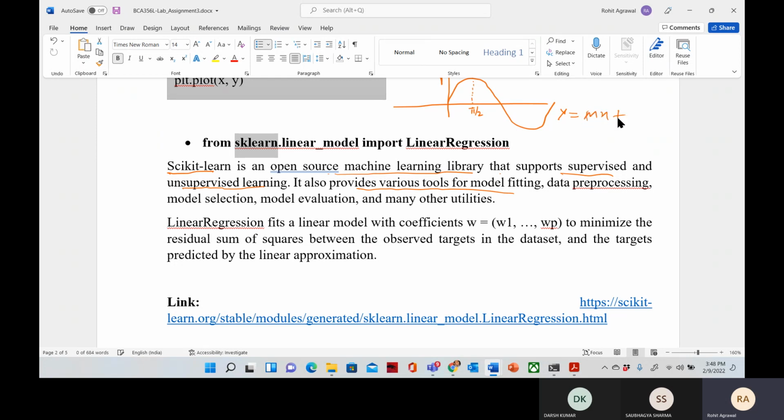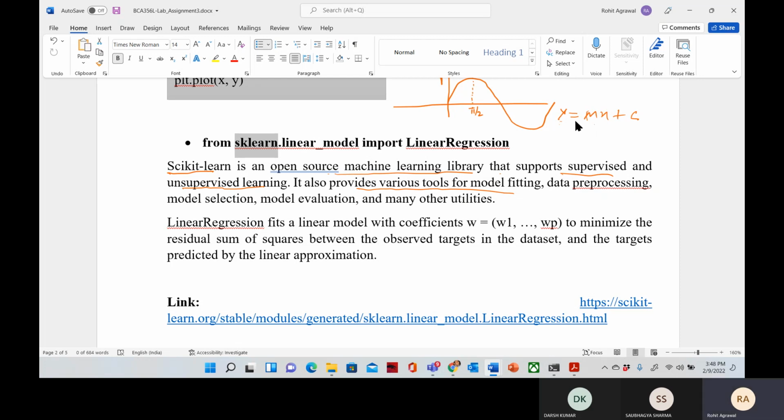If you remember, in linear regression, in the regression analysis I discussed, we have some data points x and the dependent variable y, and using this x and y our goal is to build a model.